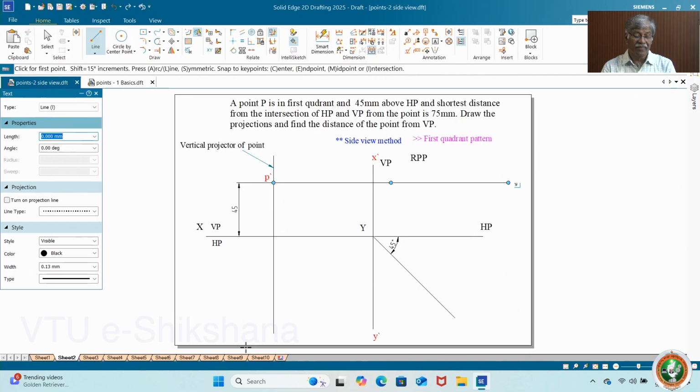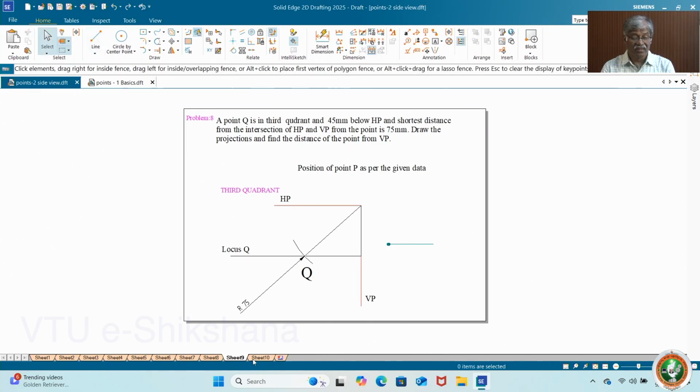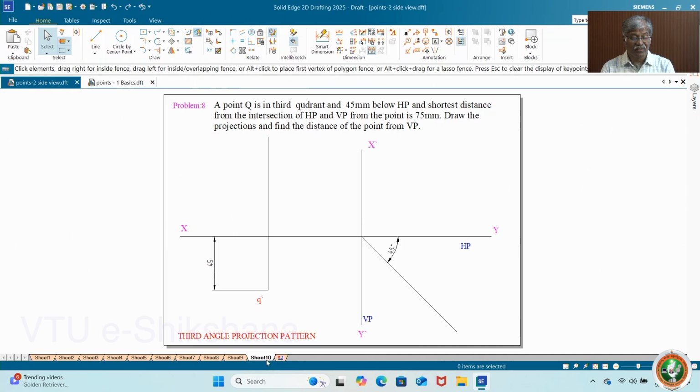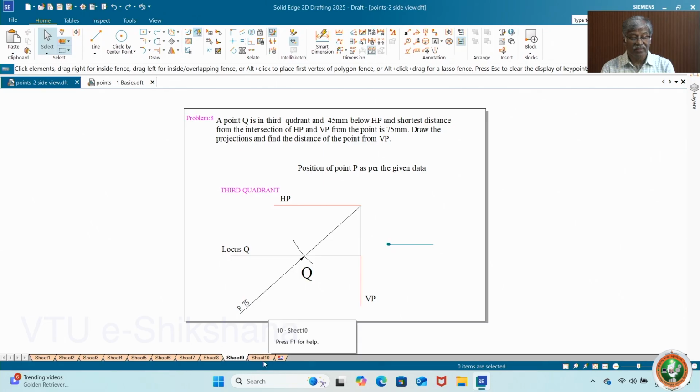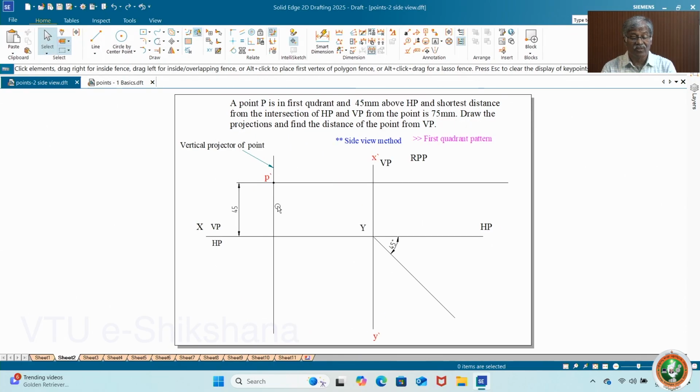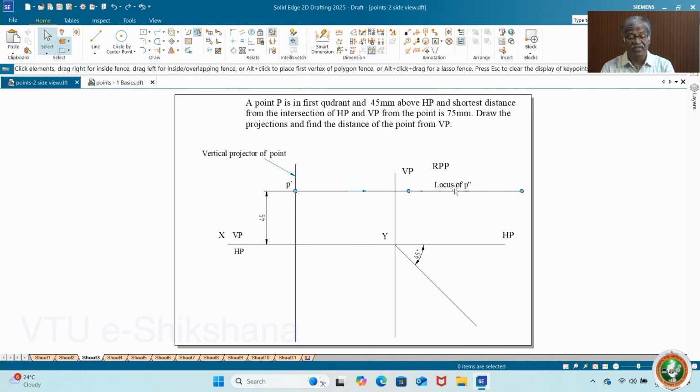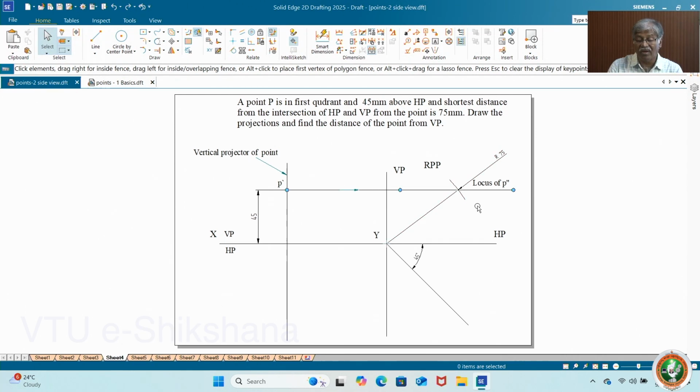The procedure is first you have the pattern, then draw this and identify the locus. This becomes the locus of P double dash. Then, as usual, draw an arc with 75 mm and this point gives you P double dash. Identify that as P double dash.